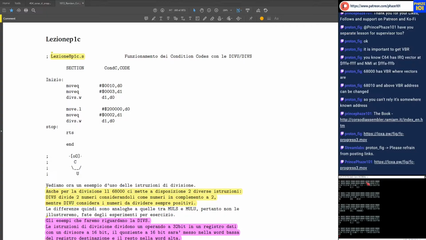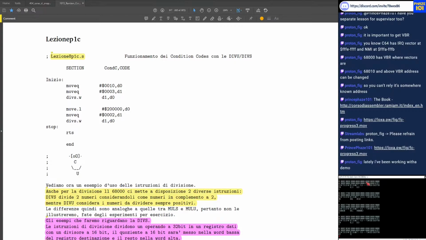It works on long words and gives us the result in a word, but the remainder goes into the high word of the destination register, and the result goes into the low word. So that's another difference. Multiplication works with words, division works with long words.